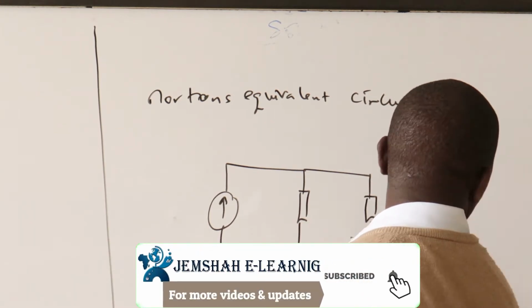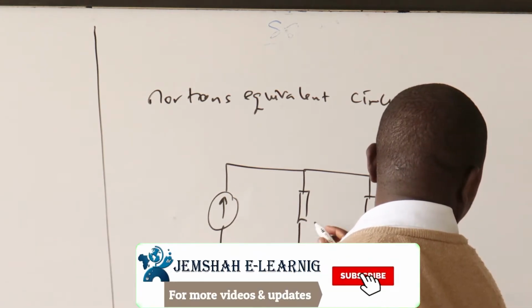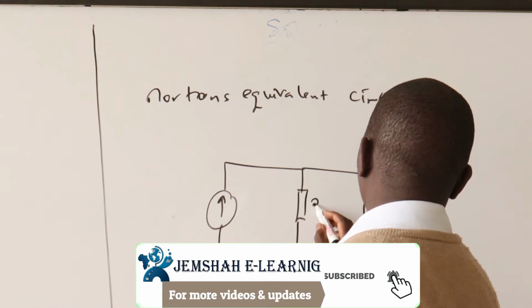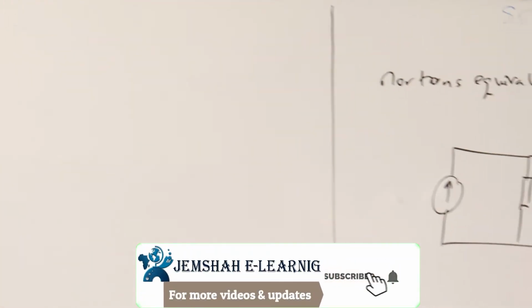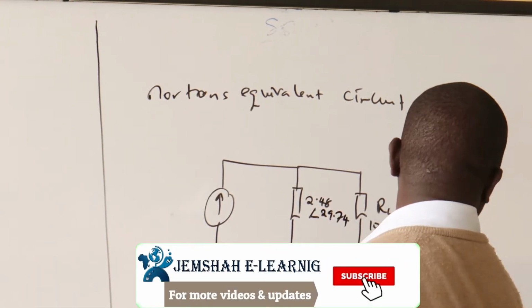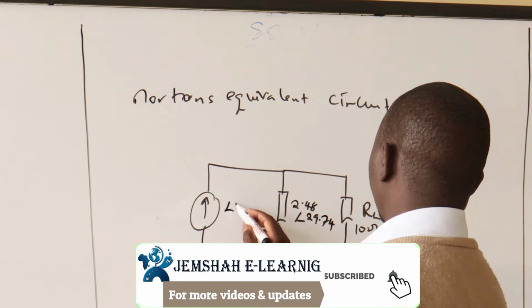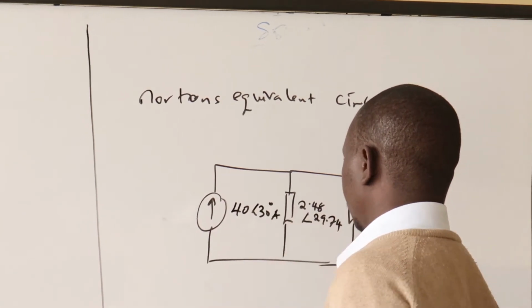This RL is 10 ohms. Our Norton's resistance is 2.48, the angle is 29.74. The I of SC is 40 angle 30 degrees amps.